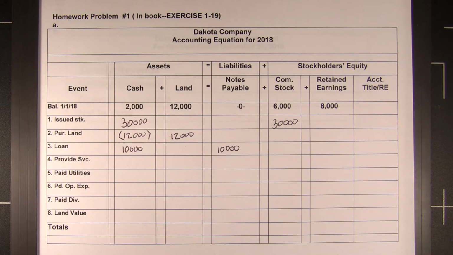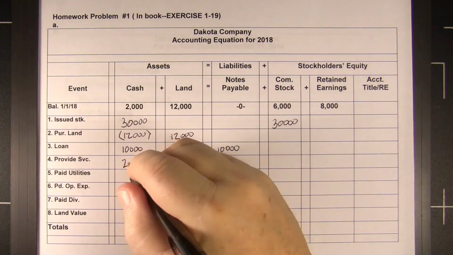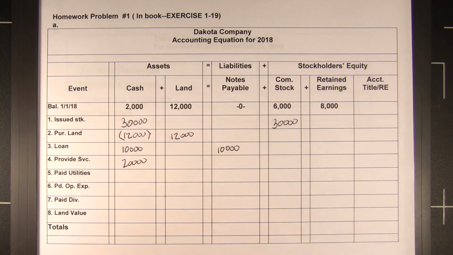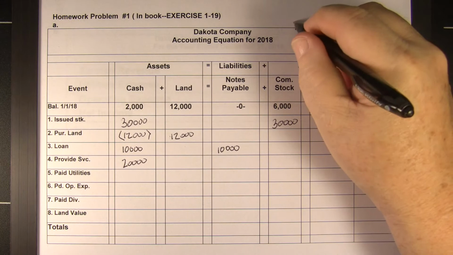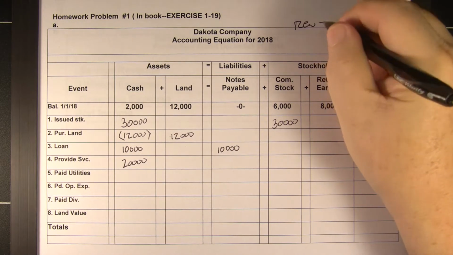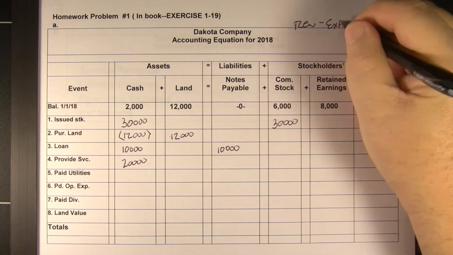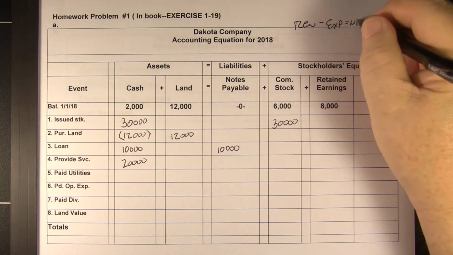The next transaction, they tell us, is that we provided $20,000 worth of services. So we got cash of $20,000, and $20,000 of services goes to net income, and net income goes to retained earnings. Remember, revenue minus expense equals net income.